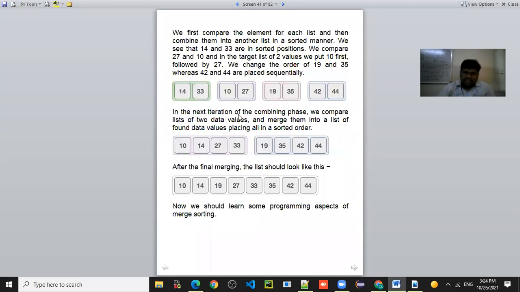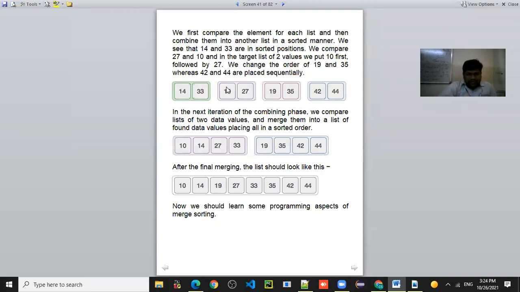Right. Now in the next iteration of the combination phase, we compare the lists of two data values. These two lists we will compare, and after that these two lists, and after that we will combine. Compare these two lists and place the smallest element at the left side and the greatest element at the right side.